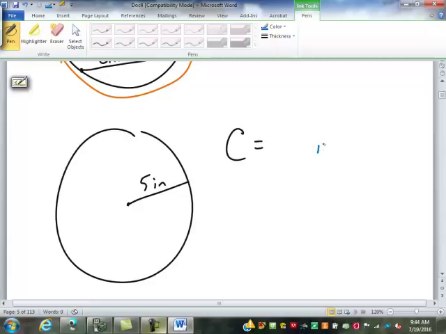Well, we're multiplying something times pi, but what's it going to be? Yeah, the diameter, which would be how much? 2 times 5, or 10. So 31.4 inches is what we get. I'm using 3.14 for pi just for ease.